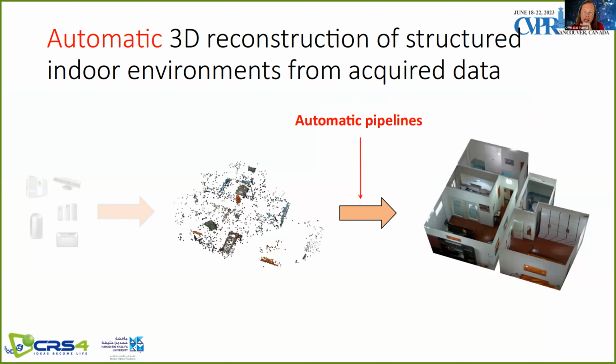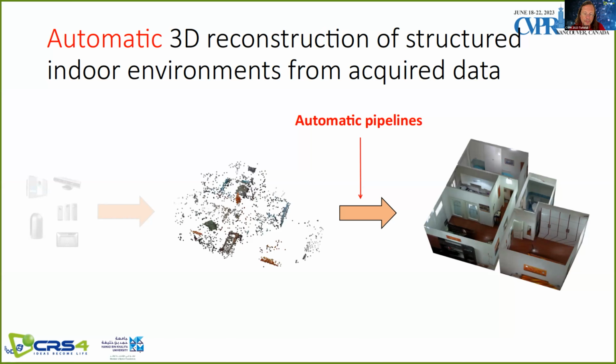In terms of pipelines, moreover, we do not target the interactive acquisition or the manual modeling, but rather the pipelines that process the data automatically and reconstruct the models from the acquired samples.